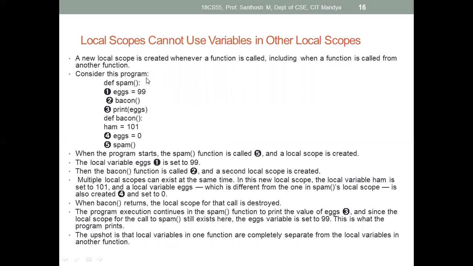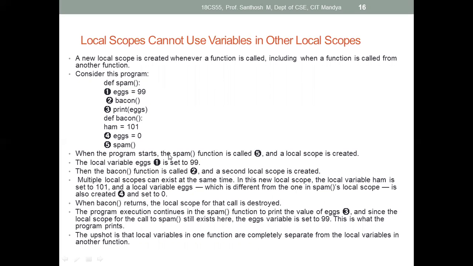If you call the spam function, what will it print? It will print the x value 99. It will not print this x value 0, because that x belongs to the bacon function. But this local variable x belongs to spam. So the x value that belongs to spam will get printed.